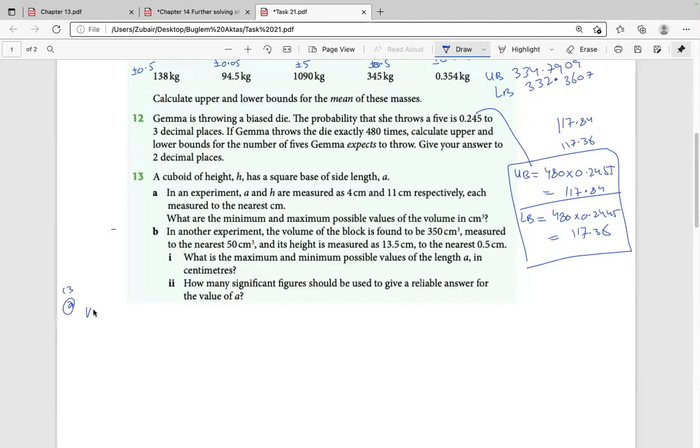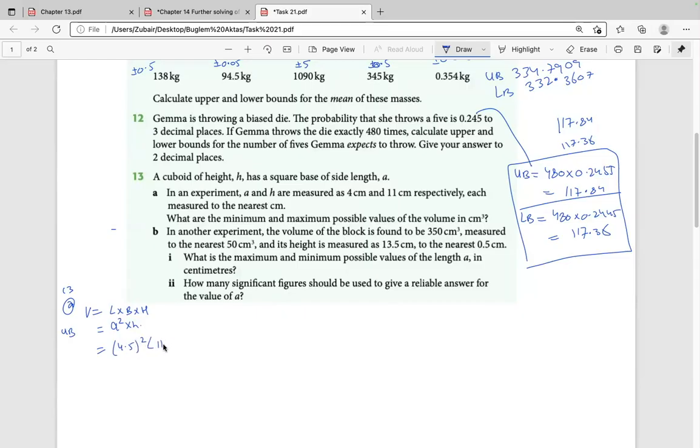13 A part. Volume is area of base times height, or let's say length times breadth times height. And we know that it is a square base, so that would be a squared times h. For the upper bound, what is the value of a? 4.5.